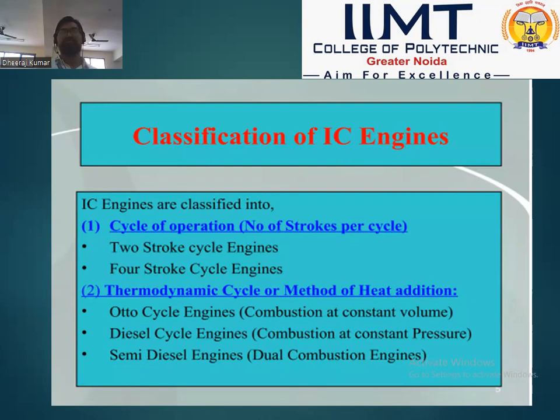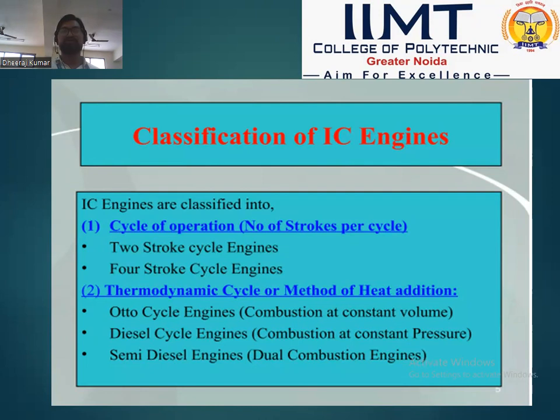The Otto cycle has four thermodynamic processes. First, constant volume heat addition, reversible adiabatic expansion, constant volume heat rejection, and reversible adiabatic compression. The diesel engine also has four thermodynamic processes.